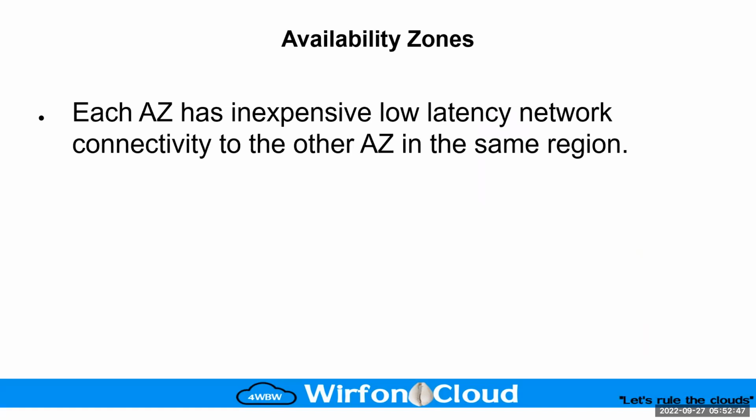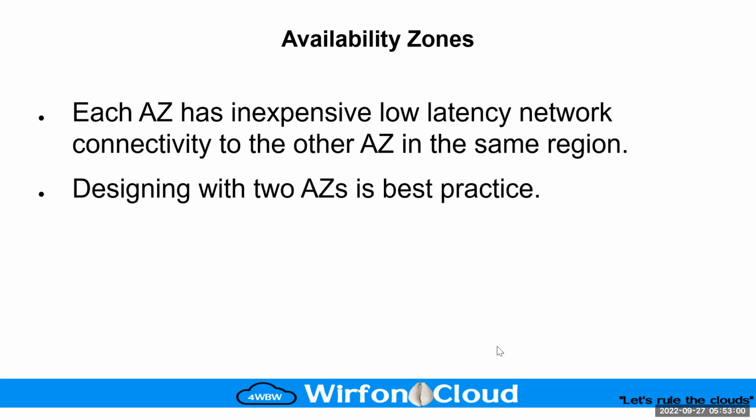So each AZ has inexpensive, low latency network connectivity to the other AZs in the same region. And it's best practice to design your application, or to design a solution, with two AZs.